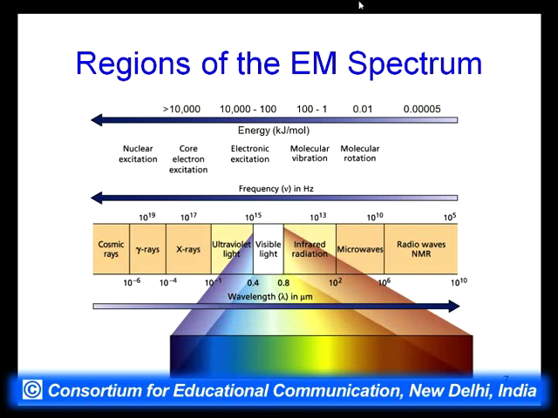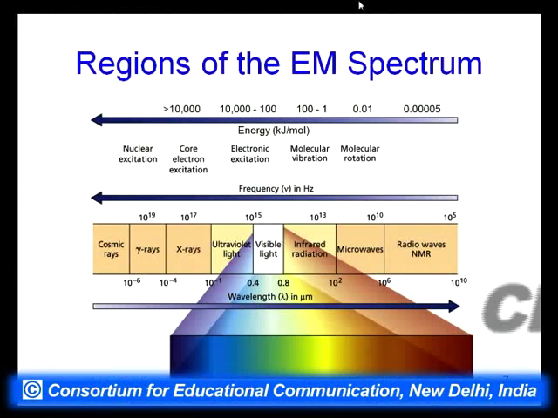Then we have the X-ray region, where you are able to cause excitation of the core electrons. Remember, when we were writing down the atomic states, we did not bother about the inner electrons like the 1s2, 2s2. We said that they are the core electrons, they do not participate in any kind of bonding. They are very close to the nucleus, and so their electronic energy is very, very negative.